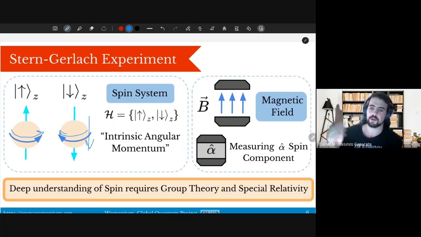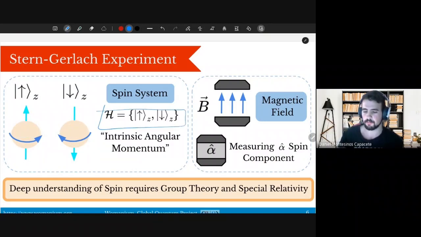So that is going to be our up and down state that are going to describe the particle. So that will be our Hilbert space. The Hilbert space will be made out of these two vectors, and each vector represents a physical state of our system. We will also discuss it a little more when we see the postulates, but that is in order to at least understand a little of what we're going to do.